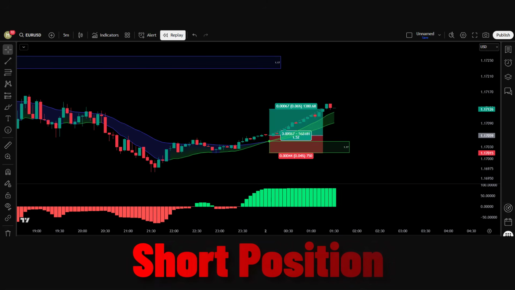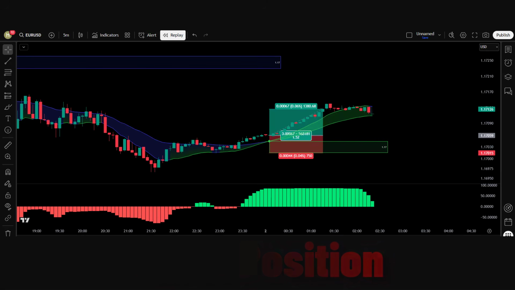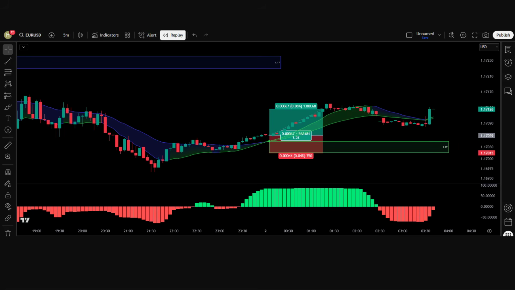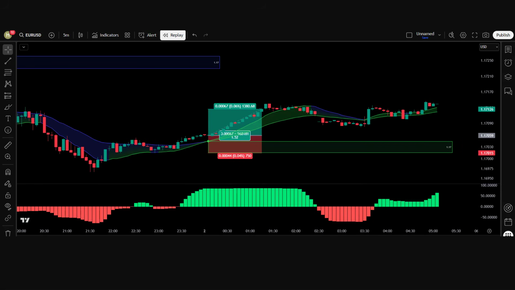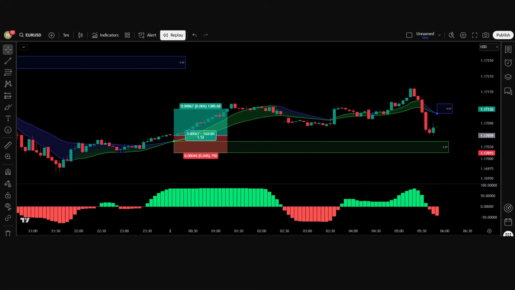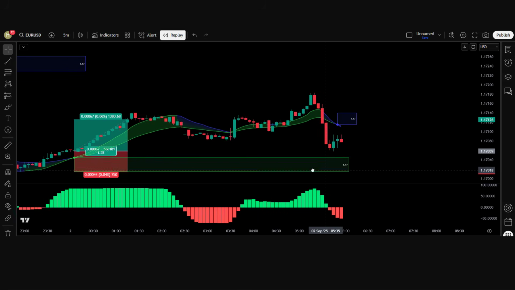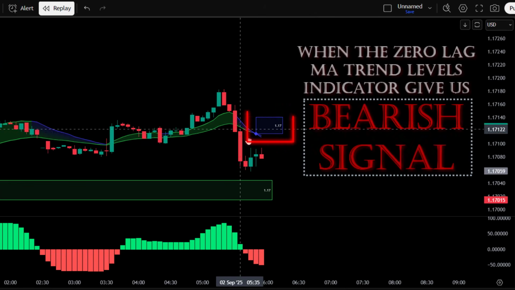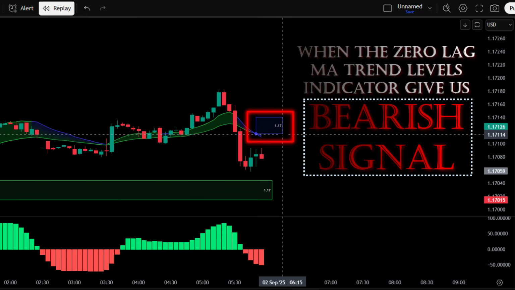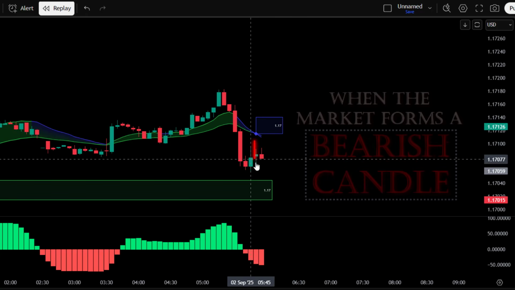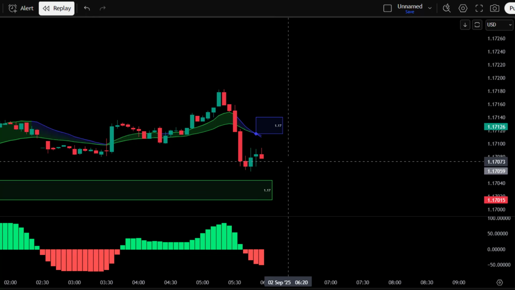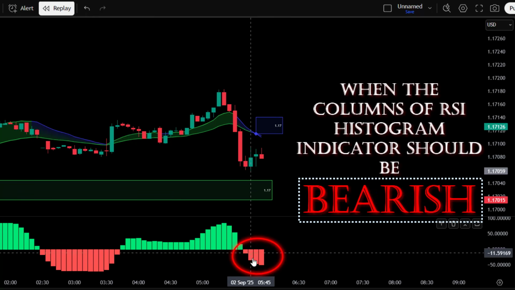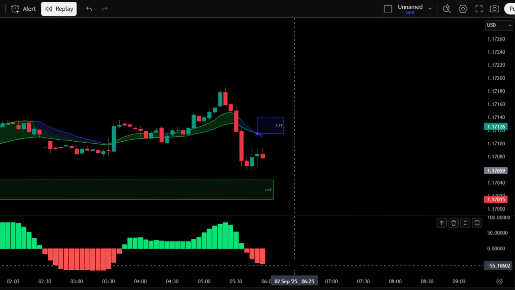Now let us understand the short position. When the Zero Lag MA Trend Levels Indicator gives us a bearish signal. When the market has formed a bearish candle. When the columns of the RSI histogram indicator are bearish.